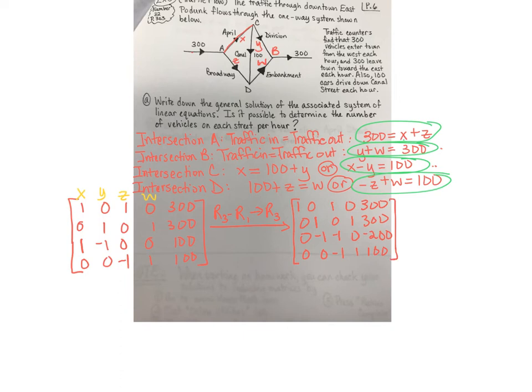Okay, now that was using this 1 here as our pivot. Now what we want to do is use this 1 as our pivot and create a 0 in this position. So to do that, the row operation we need is row 3 plus row 2 to get a new row 3.